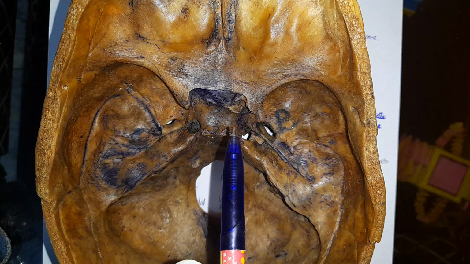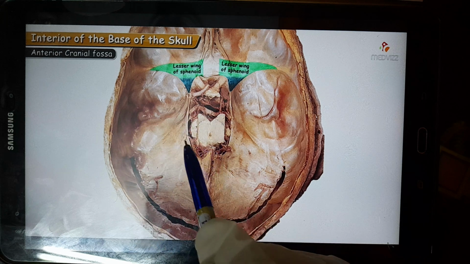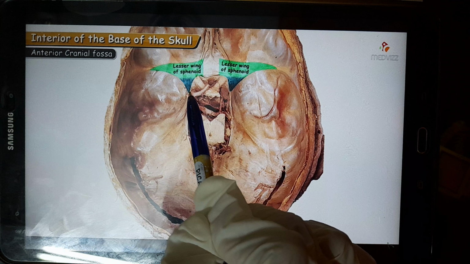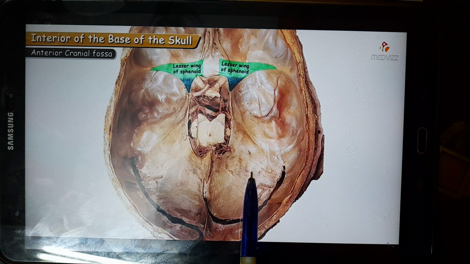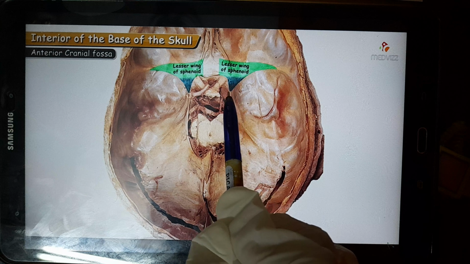Meet you in there. Also, one thing that was not mentioned in the book but I could find on the internet was that this lesser wing of the sphenoid, forming the anterior clinoid process, has attachment with a fold of the dura mater, and this fold of the dura mater is known as the tentorium cerebelli. So it has anterior extensions which are passing to the anterior clinoid process.